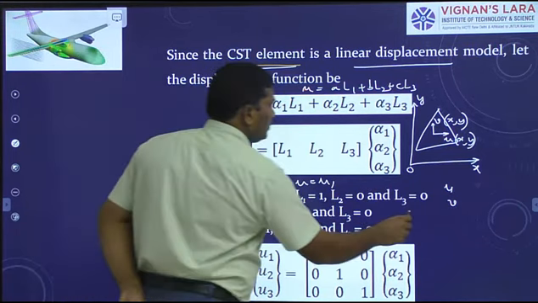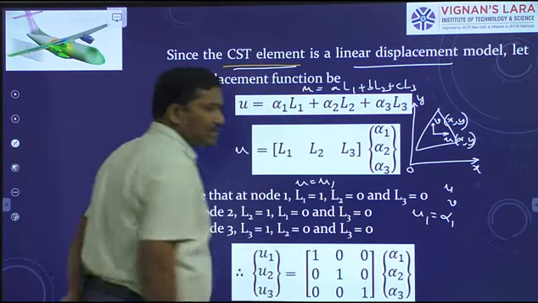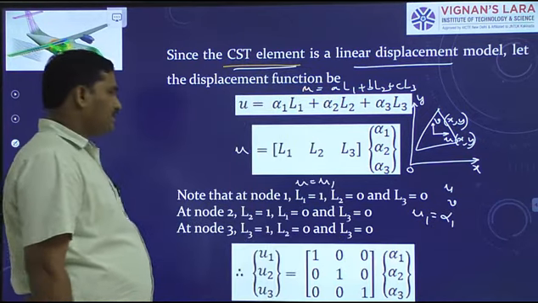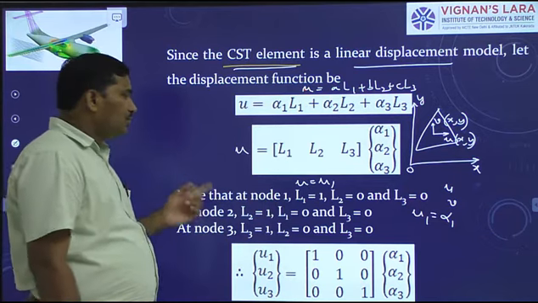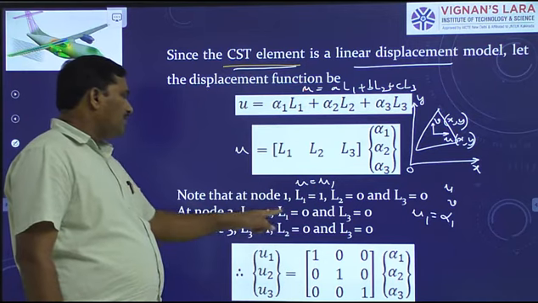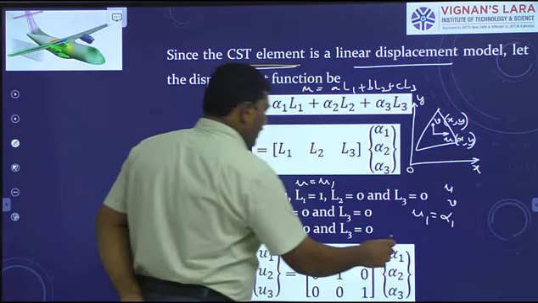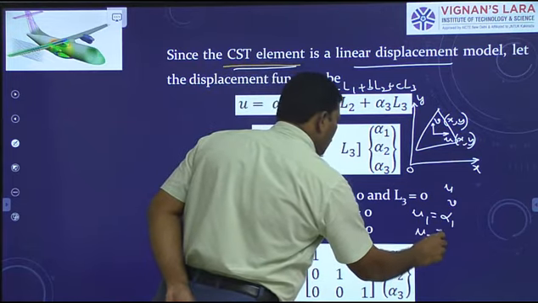Therefore, you can write u1 equals alpha 1. Next, at node 2, u equals u2 and L2 is unity, L1 is 0 and L3 is 0. Therefore, you can write u2 equals alpha 2.